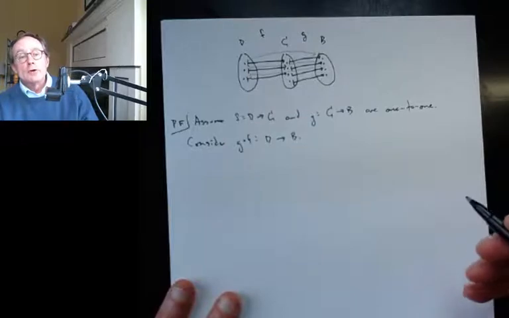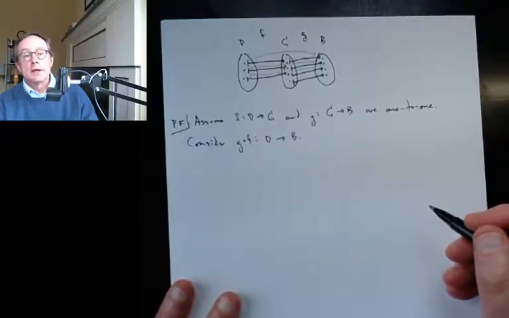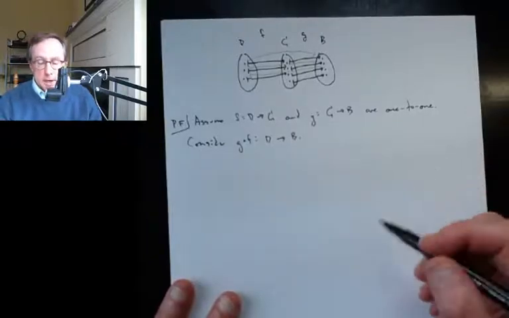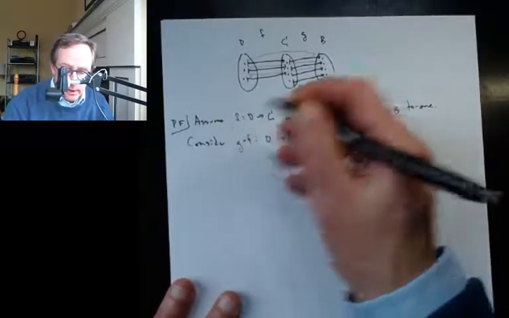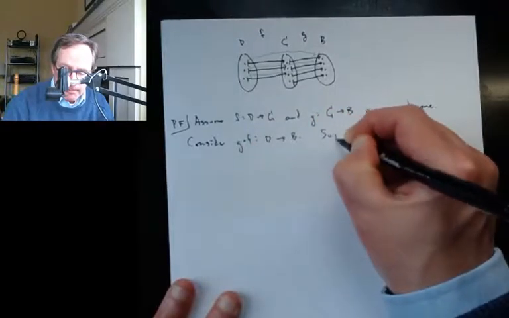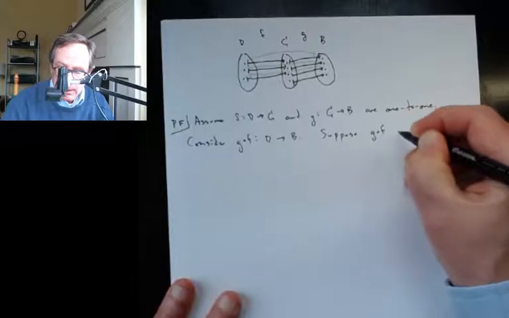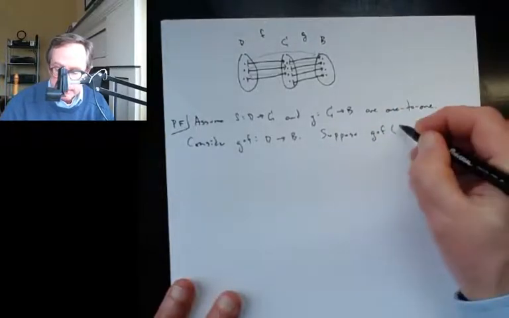Okay, so the way you show that a function is one-to-one is you assume that two inputs go to the same output. Little d.